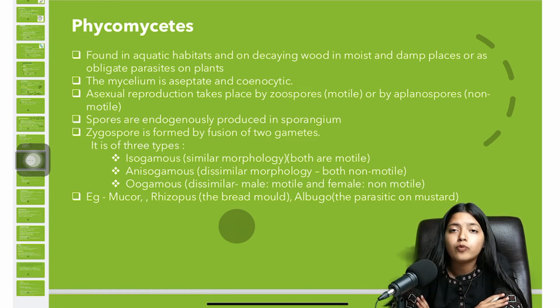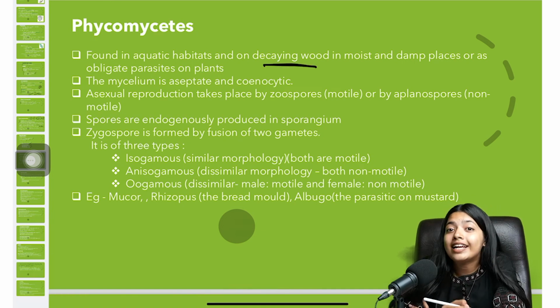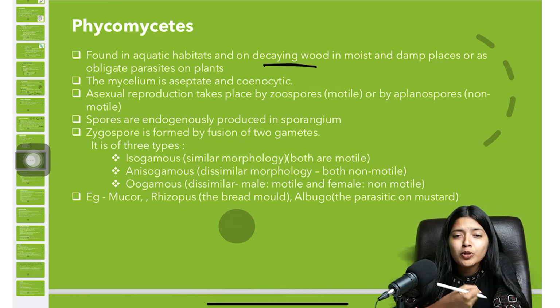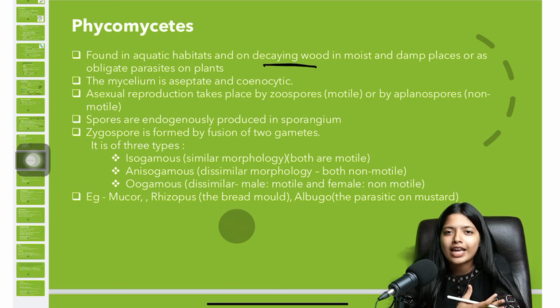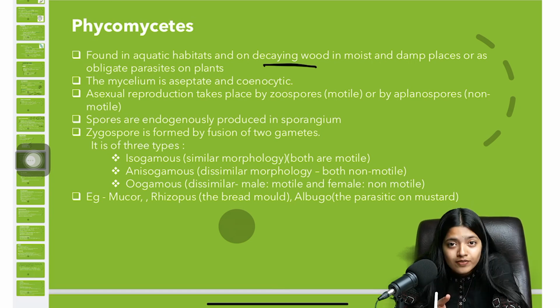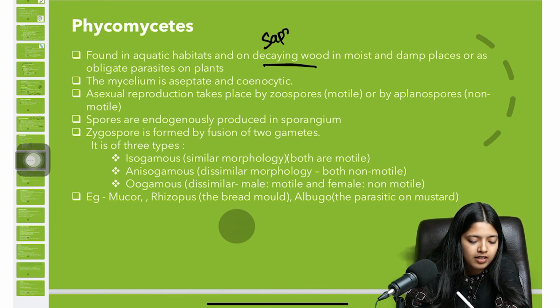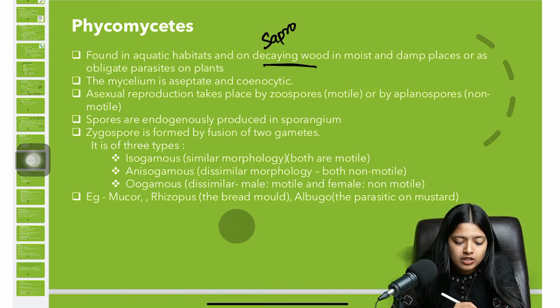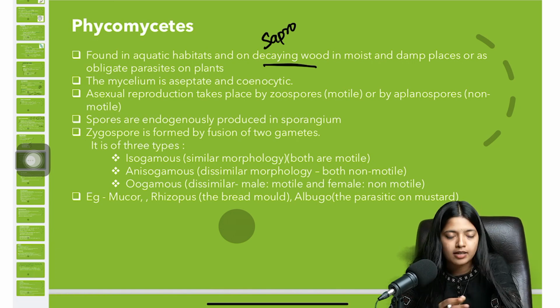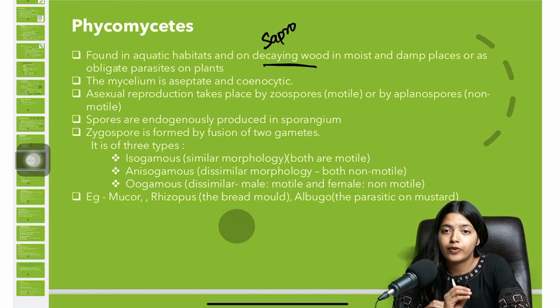They are also found on decaying wood, which means they are saprophytes. They are seen on dead and decayed matter, and they absorb nutrients and minerals from dead and decayed organisms, such as decaying wood, twigs and leaves. They are found in moist, damp places, where water content should be present; for fungi, water content is very important.